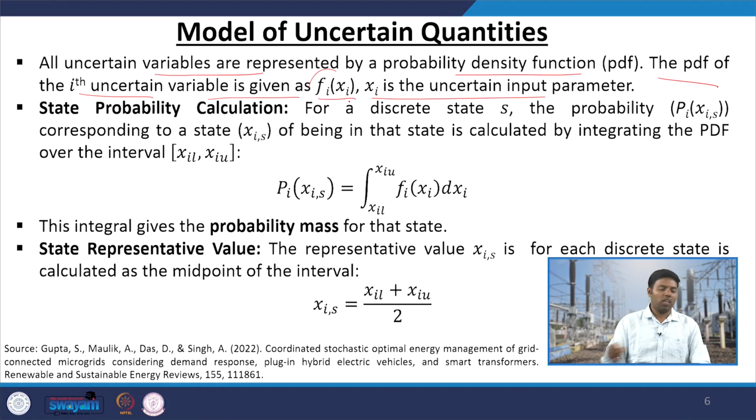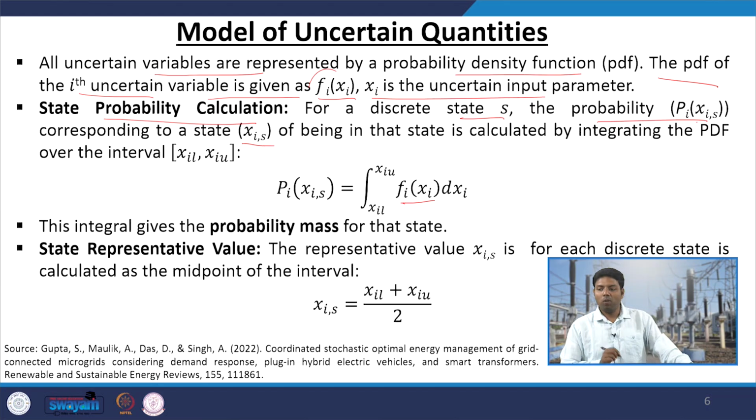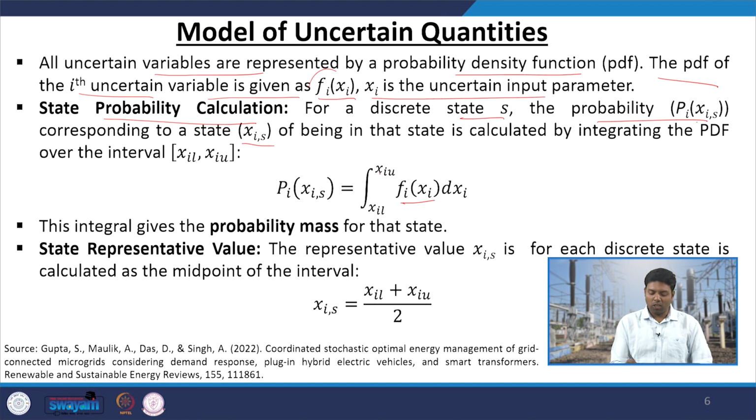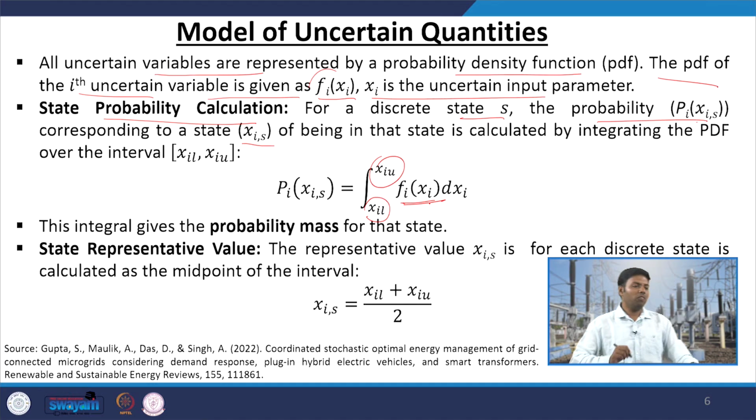Then the state probability for a discrete state s, having the probability density function f_i(x_i), that is, the probability of being in that state, is the integration of the probability density function from the lower limit to the upper limit. This integral will give you the probability mass for that state, and once you get the probability, you can act accordingly for developing your probabilistic OPF.